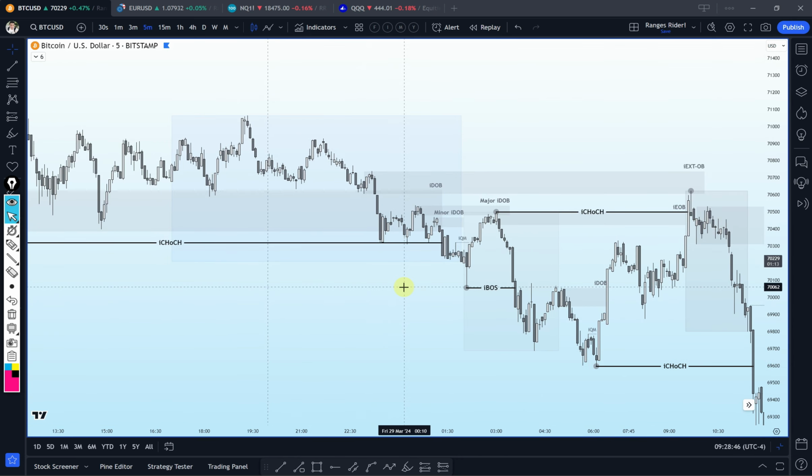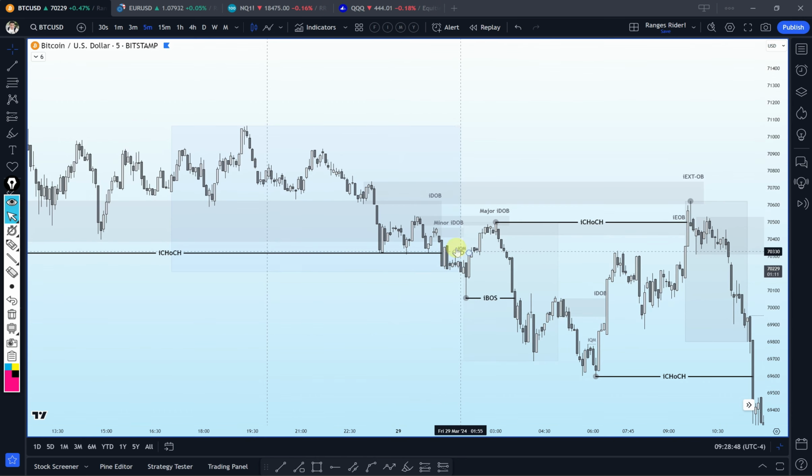Once we have the change of character, what are we looking for? We are looking for the opposite QM, and from the opposite QM, we have the internal DOB. From the internal DOB, we are looking for another internal breakup structure. And from the internal breakup structure, we have another QM, and now we have the range from A to B.